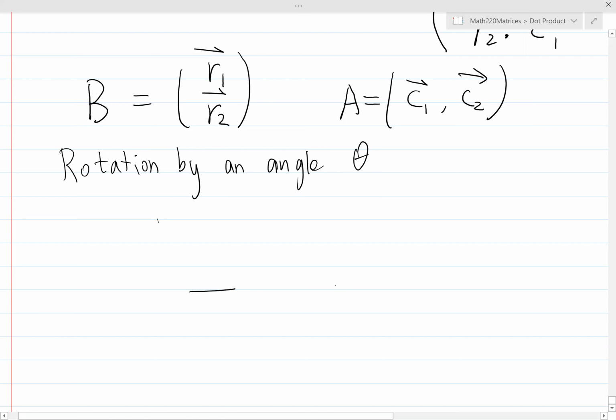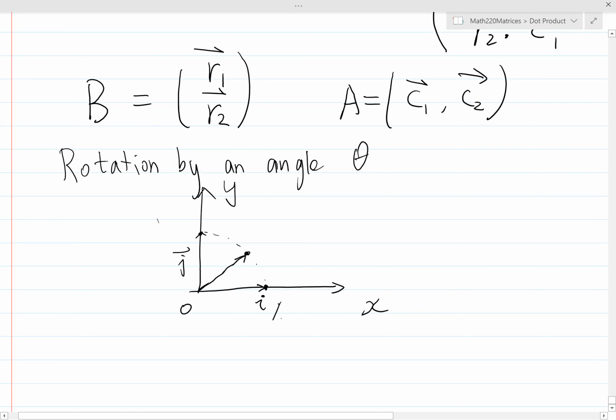Suppose this is the x direction and this is the y direction. The unit vector along the x direction is i, and the unit vector along the y direction is j. Now if we rotate by an angle theta, suppose theta is here.